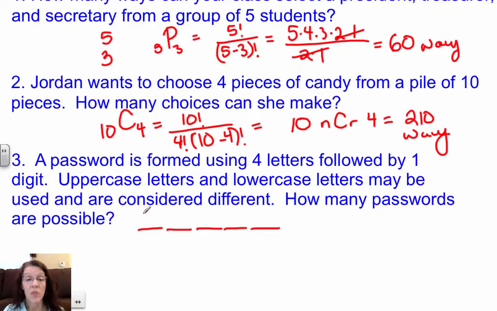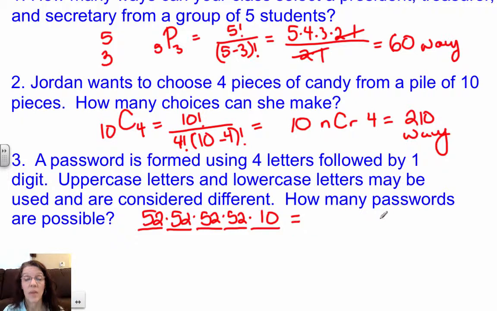Well, there are 26 letters in the alphabet, but I can use both upper and lowercase. So I have 52. I still have 52 for the second choice, 52 for the third choice, 52 for the fourth choice, and then I have digits. How many digits are there? Right, there's 10, because 0 through 9 is 10 digits.